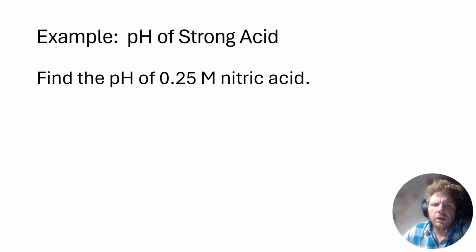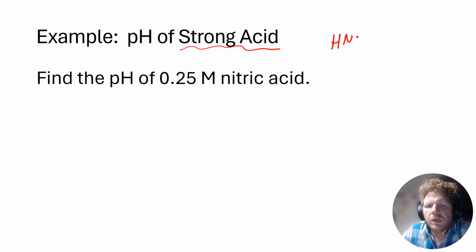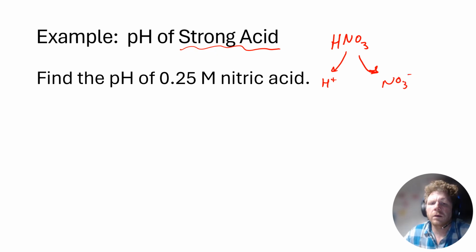Now, let's look at an example here. The pH of a strong acid. We've talked about strong acids versus weak acids. And for the time being, let's talk about a strong acid. What we know about a strong acid is that HNO3 here will totally dissociate 100% into H plus and NO3 minus ions. Okay. Knowing that this is a strong acid and that it completely dissociates is super important.